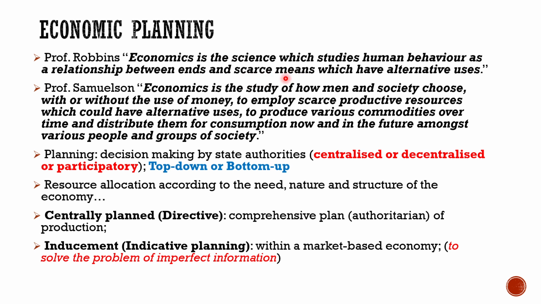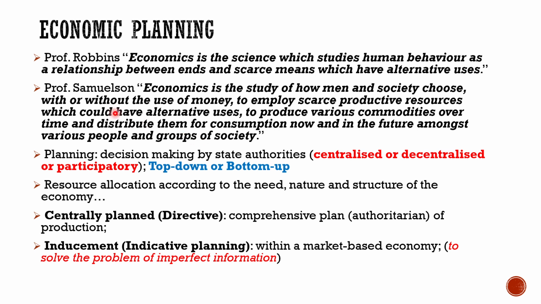By priority, as Professor Samuelson also extended this definition, and opined that this is very much related to the production and distribution of various commodities to a group of society.